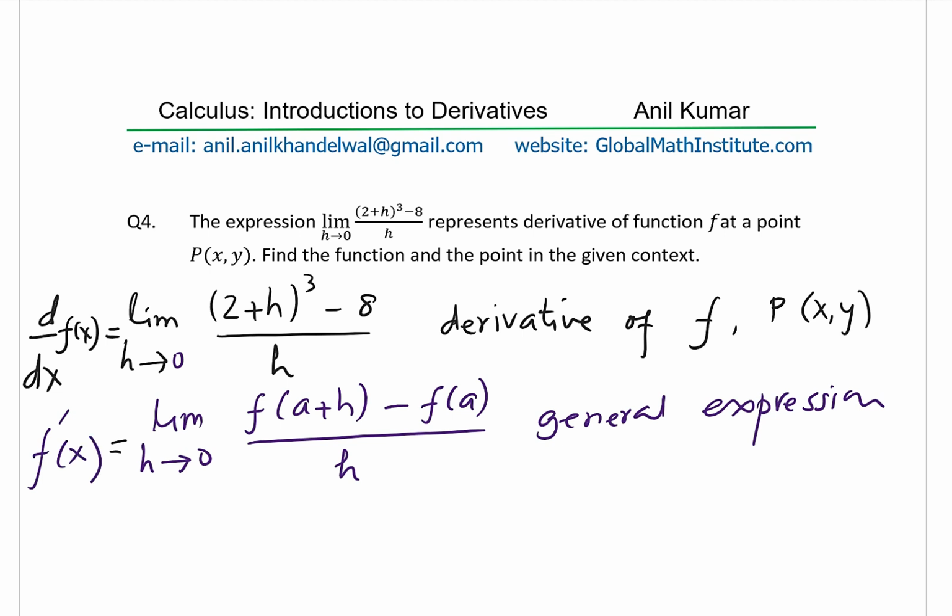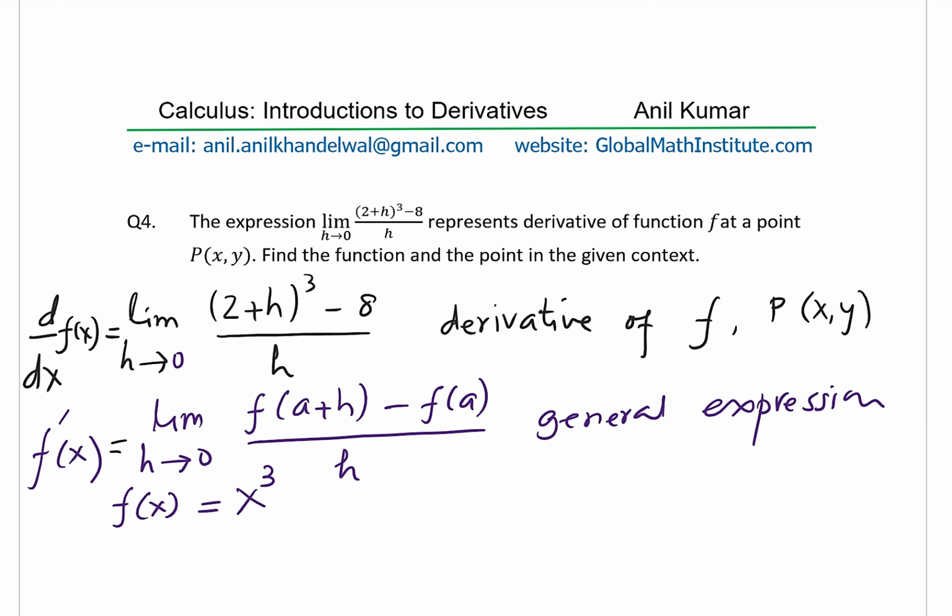Now, can you correlate? Clearly from here, we're talking about the function f of x, which is equal to x cube, right? This here represents x cube. And the point here is f of a.